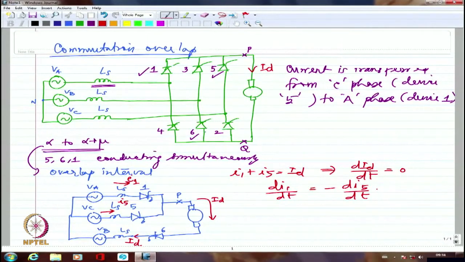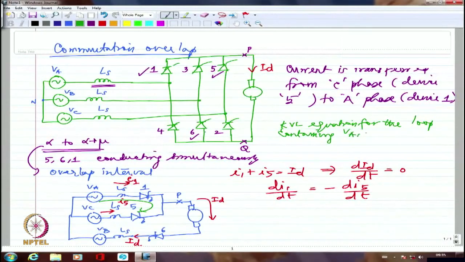This was the KVL equation that we wrote, for the loop containing VA, VC, LS, and then 1 and 5. We wrote that as well.